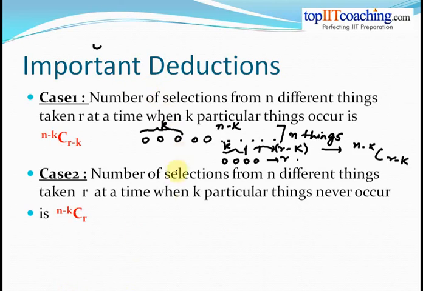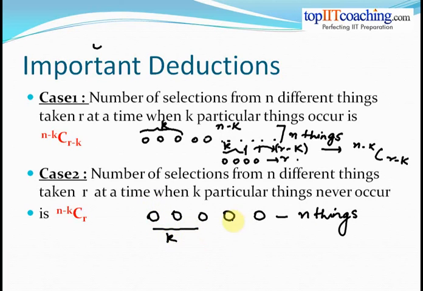Let's say we have k things that are never selected and we have got n things. Let these be the n things from which we have to select. And let us say there are some k things that are never to be selected.